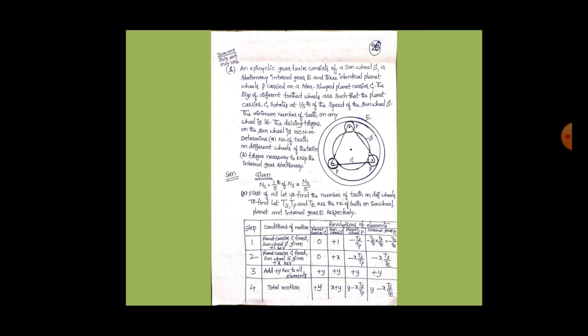But here, the carrier C, which is carrying the three identical planet wheels, should be fixed. So once the carrier C is fixed and the sun wheel is rotated, the sun wheel will be given a revolution.